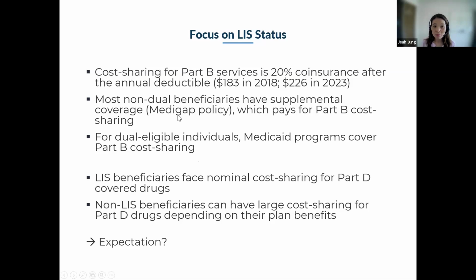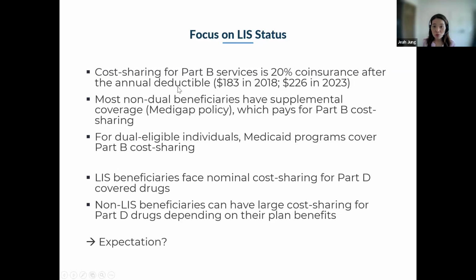A lot of non-dual Medicare beneficiaries have a supplemental coverage, which is called a Medigap policy. These Medigap policies usually pay for Part B cost sharing. Because of this deductible and co-insurance, beneficiaries buy another policy to cover only this cost sharing portion, right?